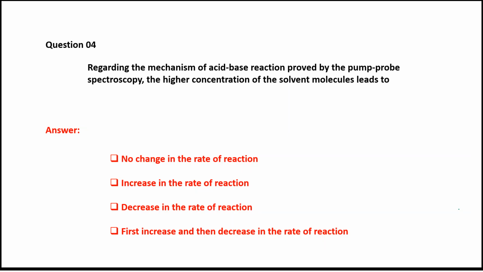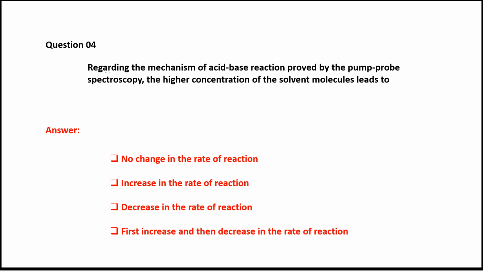Okay, now we'll go to the next question, question number 4, which is regarding the mechanism of the acid base reaction. Regarding the mechanism of acid base reaction proved by the pump probe spectroscopy, the higher concentration of solvent molecules leads to.